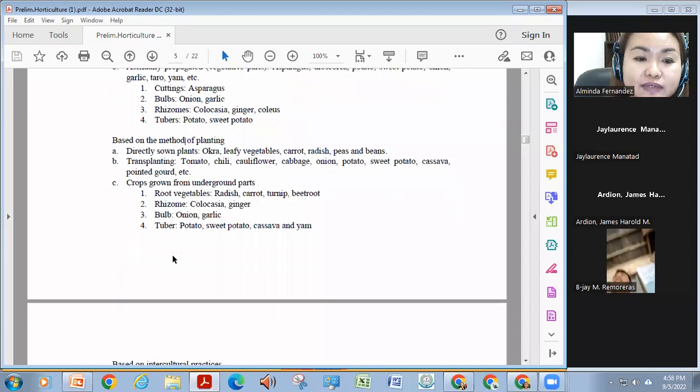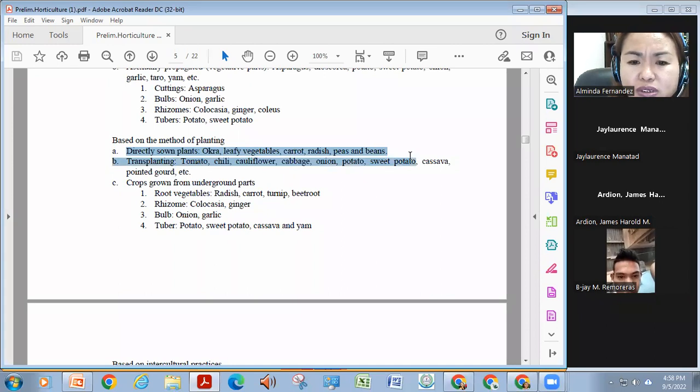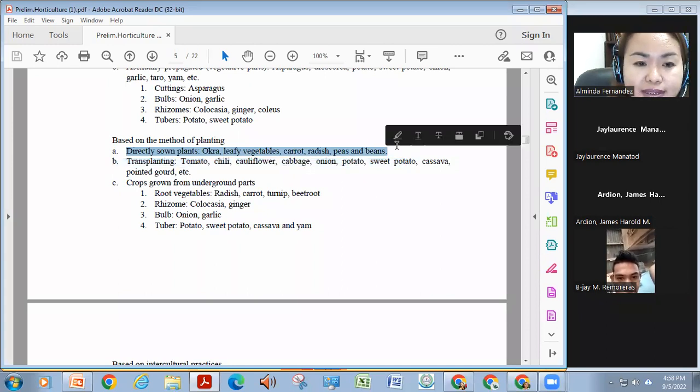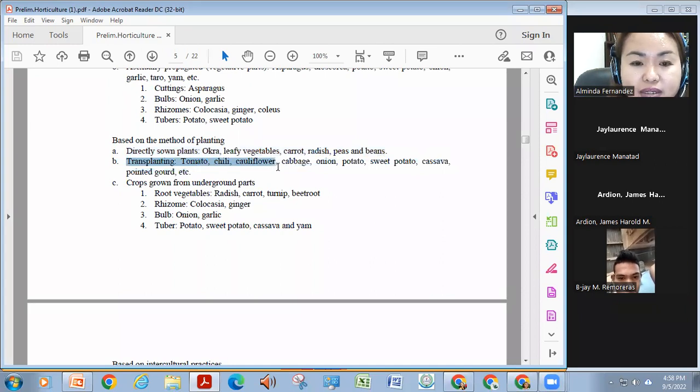And we can also classify them based on the method of planting, whether direct planting siya or transplanting. So, pag direct planting, we have most plants, no? Na may seeds. And transplanting naman, this is best done in tomato, chili, cauliflower, cabbage, and so on.